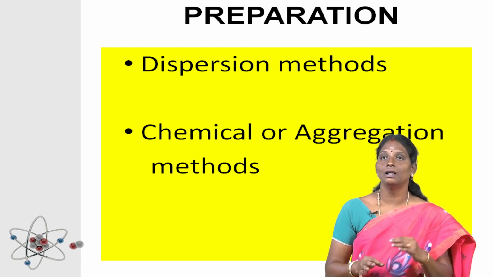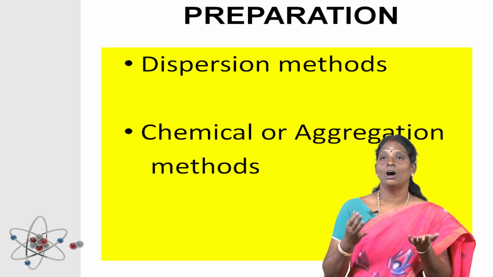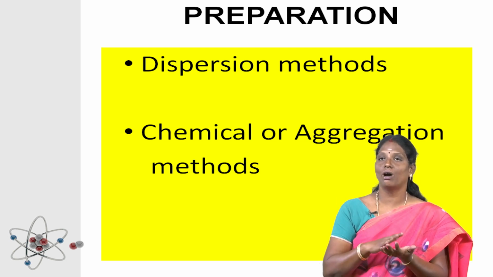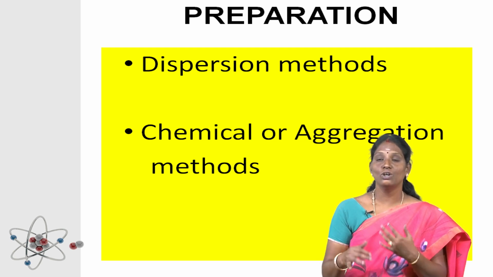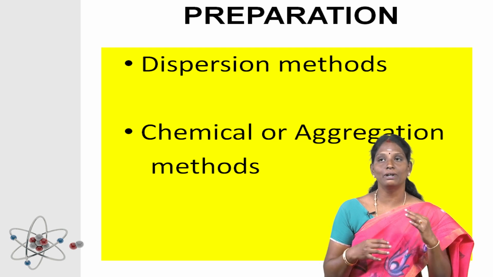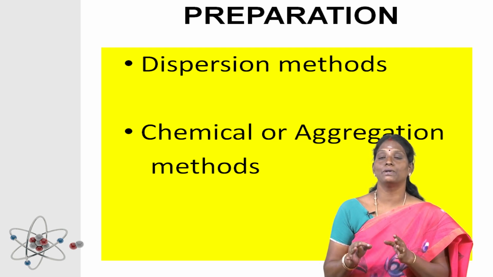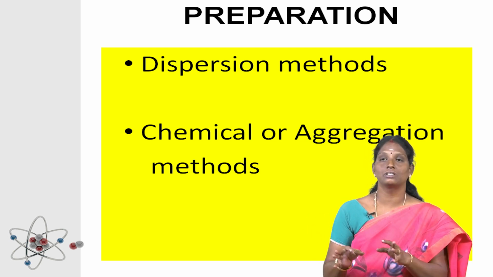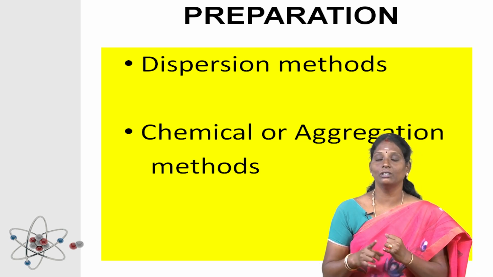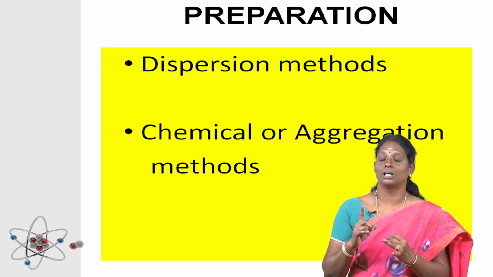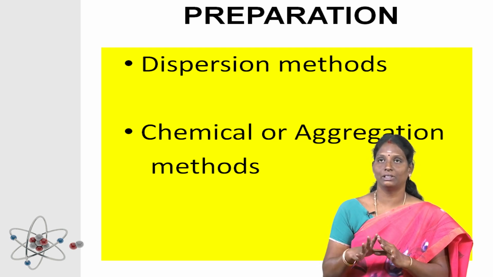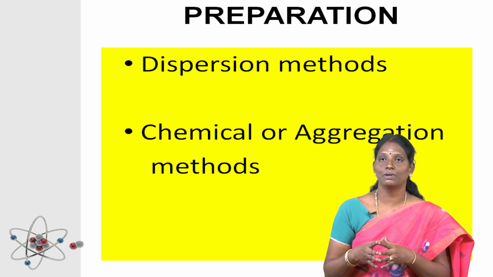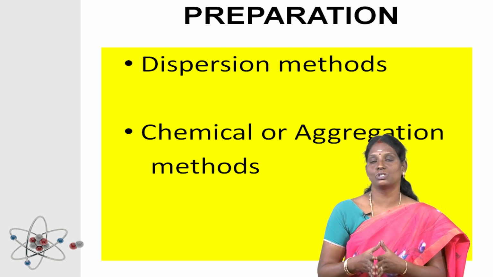For example, when starch, the solid, is warmed with water, we get the lyophilic salts. So this is the simplest one. The lyophobic salts cannot be prepared by this method. They can be prepared only by special methods: the dispersion method and the aggregation or chemical method. In this way we can prepare the lyophobic salts.